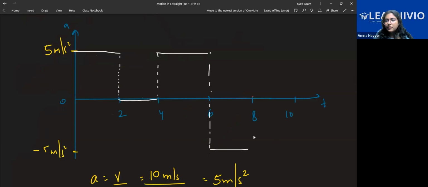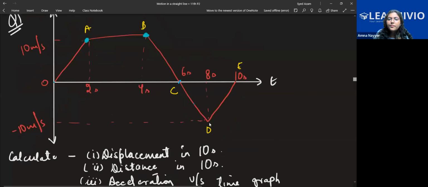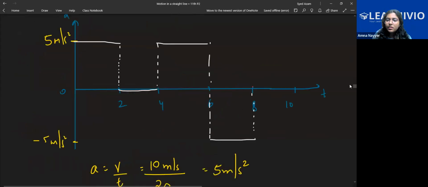Now we are at 8. Last is left, 8 to 10 seconds. What is happening in 8 to 10 seconds? From minus 10, the velocity is increasing to 0. You are getting a constant slope, right? But it's still giving you a negative value. Slope is constant, so acceleration will also be constant like this till here.